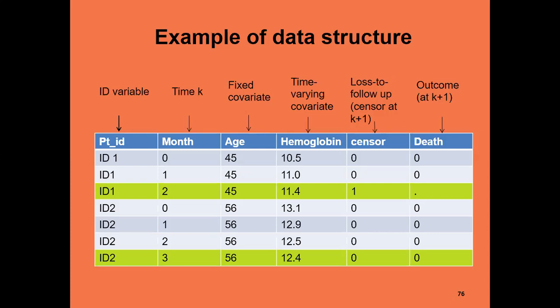So if you just assign this patient to one treatment strategy, you will generate bias, immortal time bias, because people who died can never be artificially censored, correct?